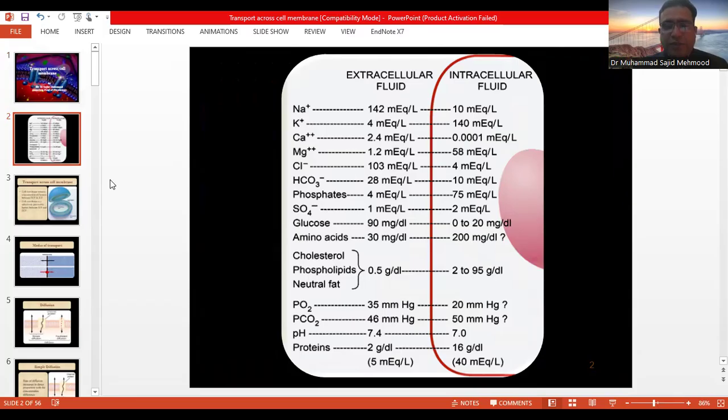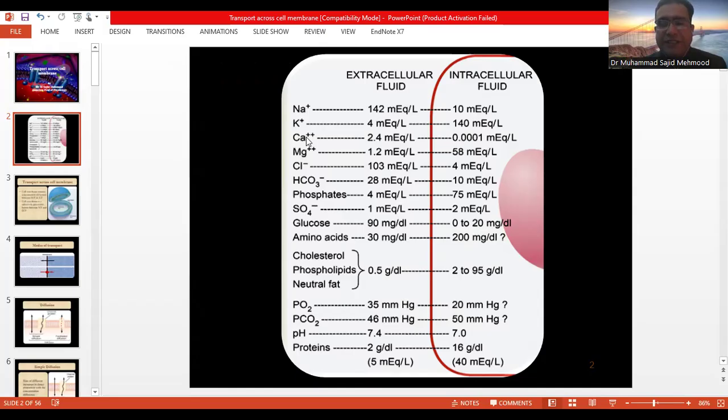Now, this is the composition of extracellular fluid and intracellular fluid. Here you can see that the sodium concentration in the extracellular fluid is 142 milliequivalent per liter, while the concentration inside the cell is only 10 milliequivalent per liter.